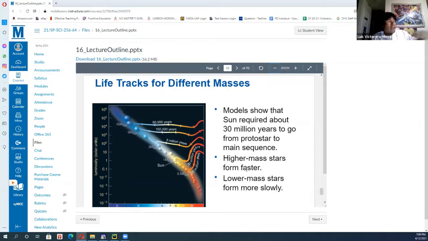However, the very short amount of time it takes for a giant star to become a main sequence star and then to die indicates that they have a very short lifespan, which is why we don't see many of them in the universe. We see them, but not at the same rate as the main sequence, low mass stars.